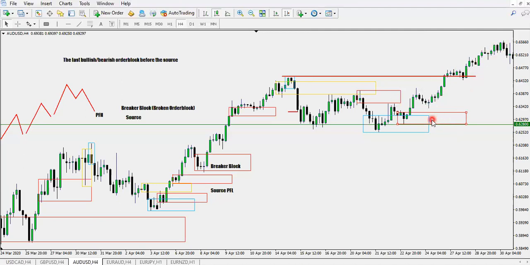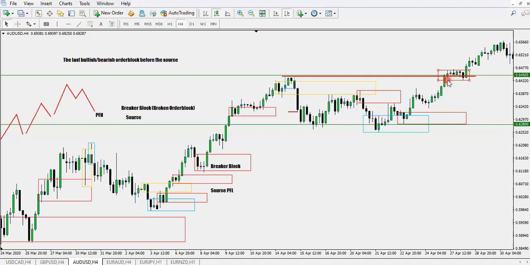And notice over here that this bullish order block was formed at the break of our source. So when these candles closed above, it consolidated a bit over here. And you can also notice that this area over here is our 500 institutional level, okay?